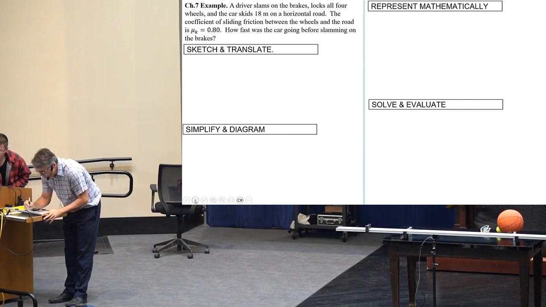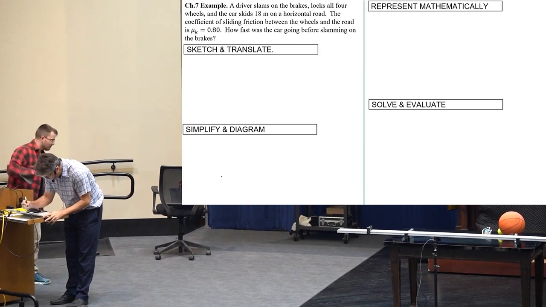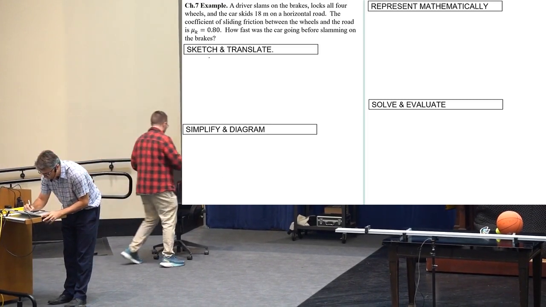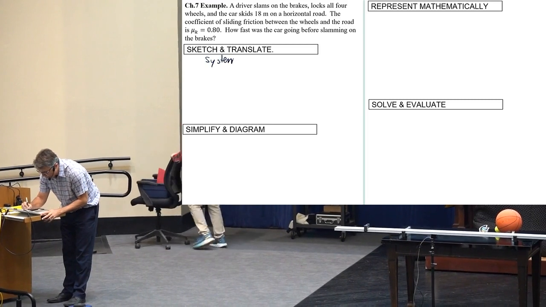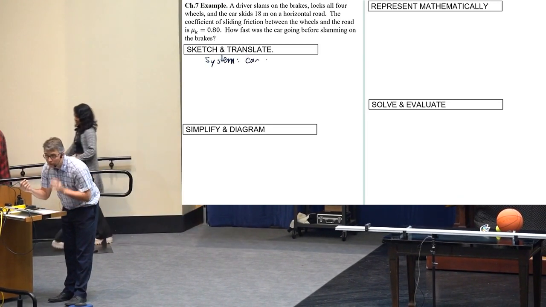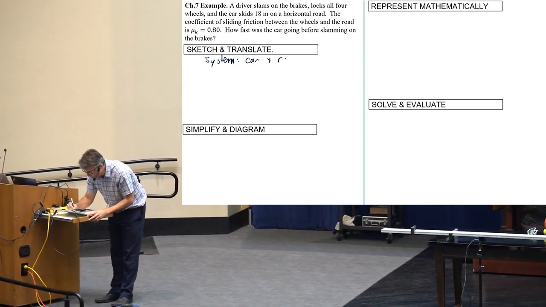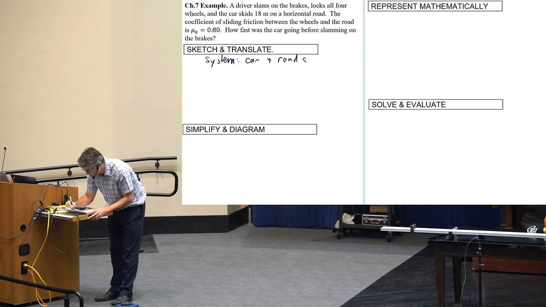Locks all four wheels. So I'm going to call the system here car plus road surface. We talked a little bit about this before. If you end up with some internal energy on the right-hand side of this energy conservation equation, then you're including the road surface.